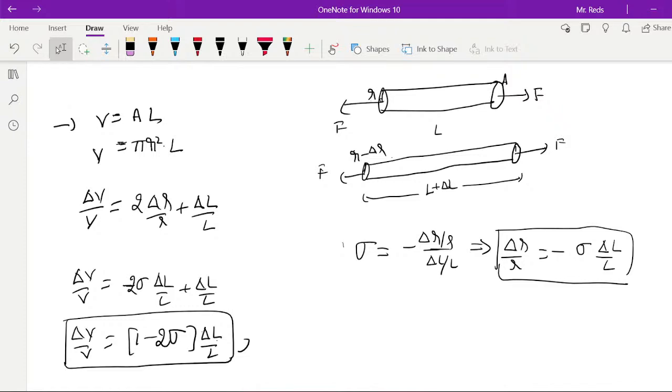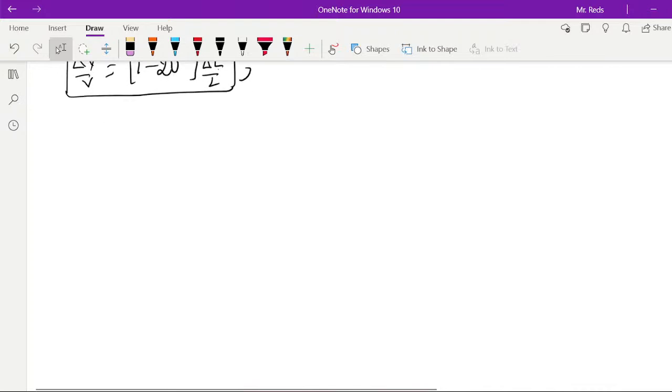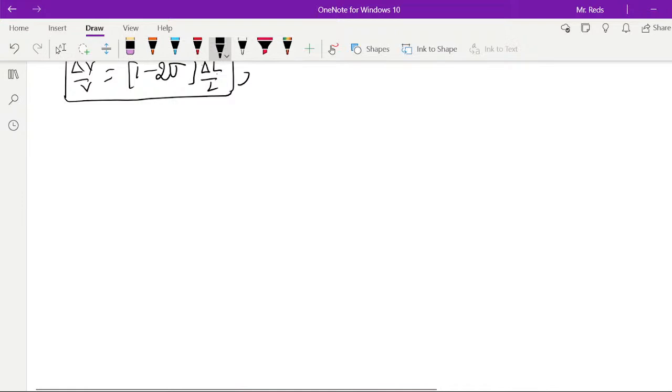Now let us do questions from level 2 exercise 1. Actually in level 2, based on Poisson's ratio, see question number 21, page number 85.